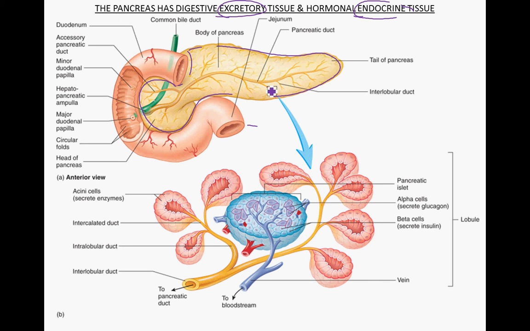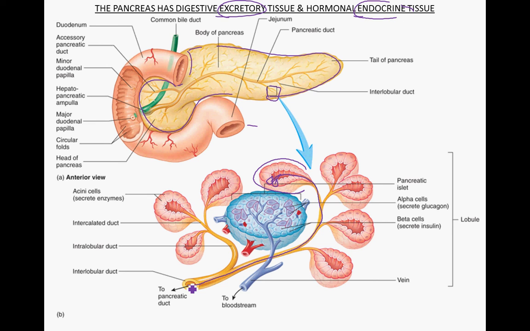And if we zoom in on just a section of that, we're going to see the two different types of tissues. Here we have glandular tissue, and these would be the cells. This would be the lumen, and the secretion would move into this duct, and we just trace where this goes. This is going to go to the pancreatic duct.